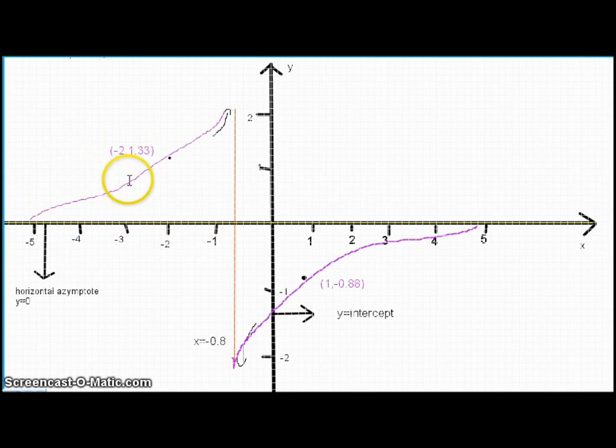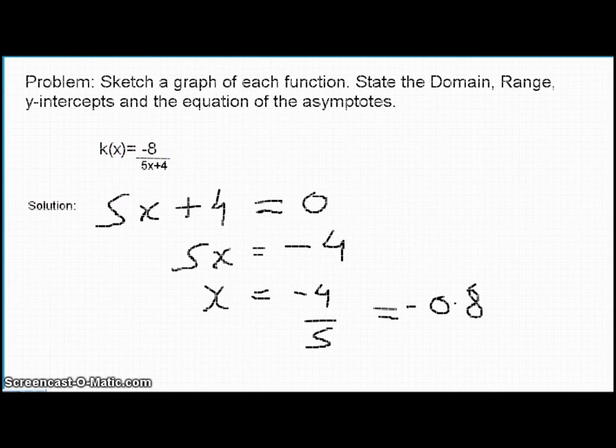Our points were negative 2 and 1.33, which is right here. In this quadrant our point was 1 and negative 0.88. We just join these points and sketch our graph. After that we are totally done with our problem.